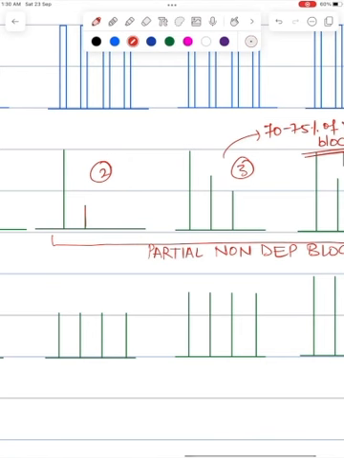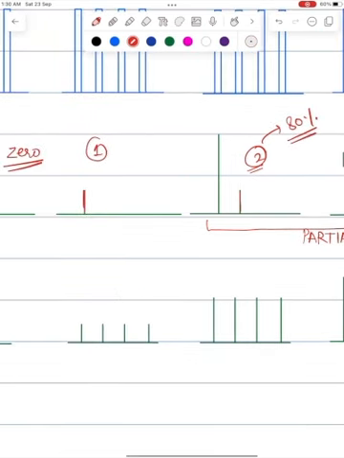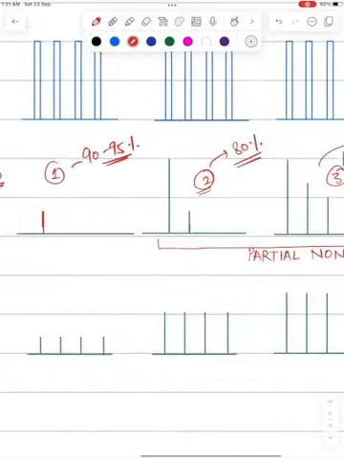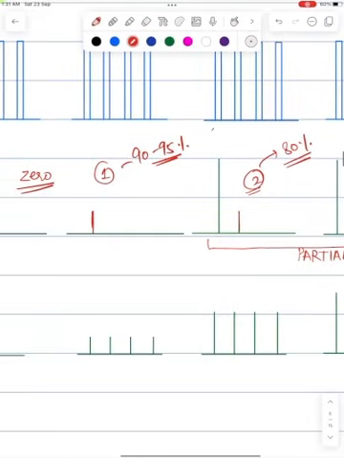When the second twitch also disappears and only 2 twitches remain, then we say that almost 80% of receptors have been blocked. And when only 1 twitch remains, that means 3 twitches have disappeared, then 90 to 95% of receptors have been blocked.